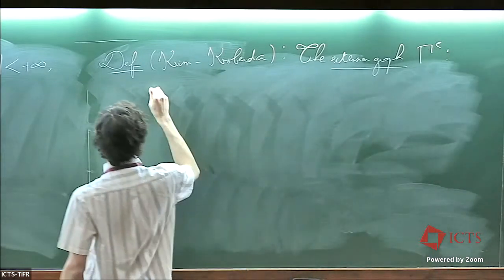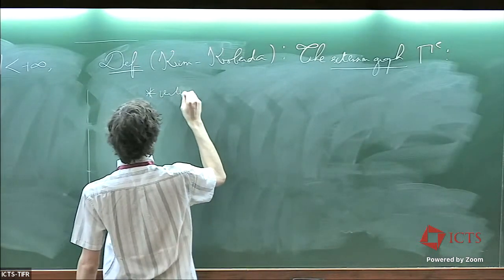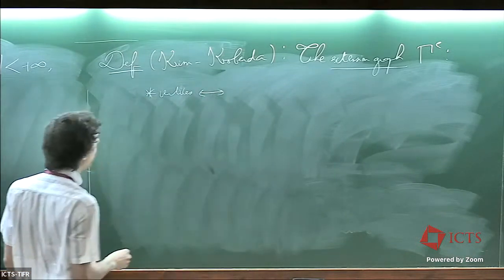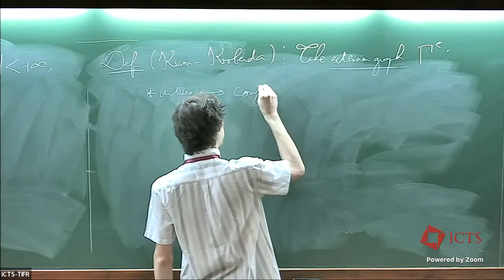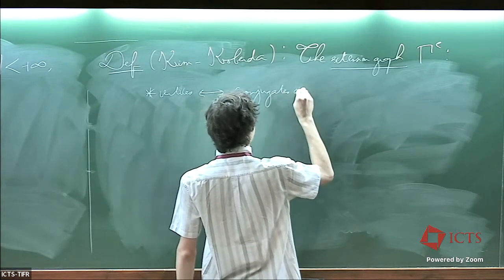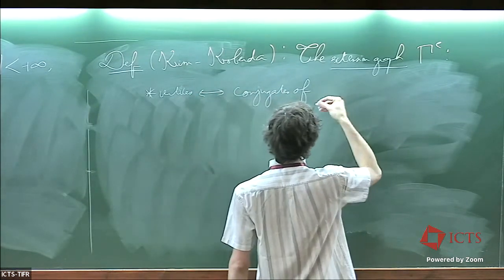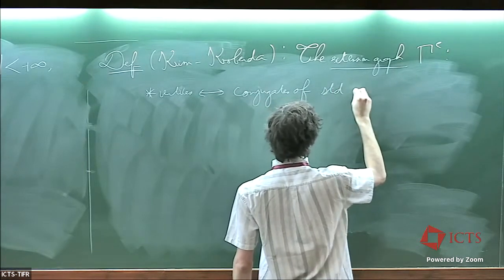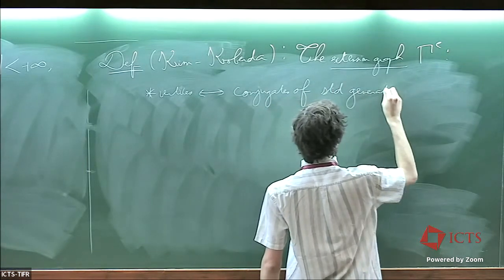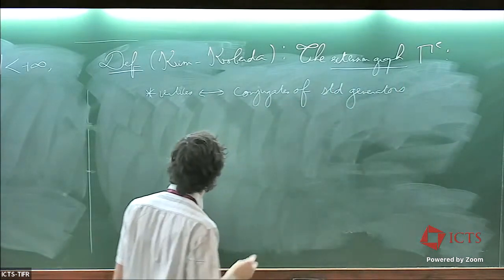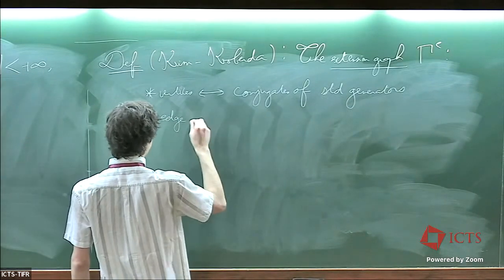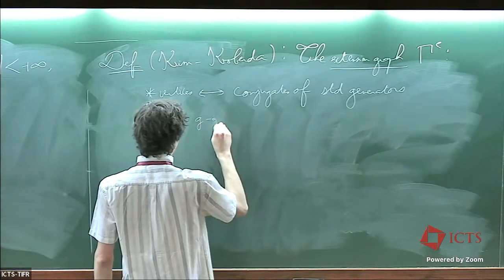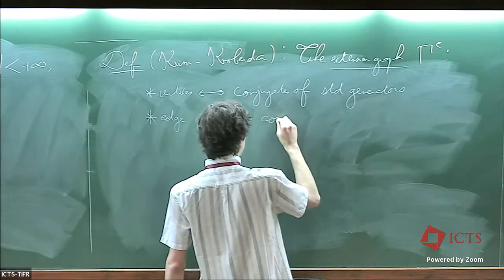So it's the graph whose vertices are the conjugates of cyclic subgroups associated to standard generators. And where you put an edge between two of them if they commute.